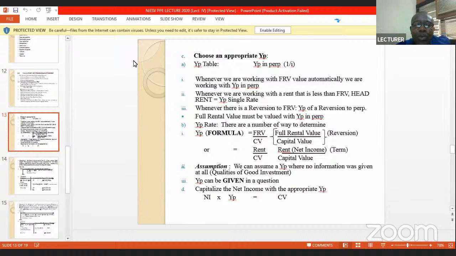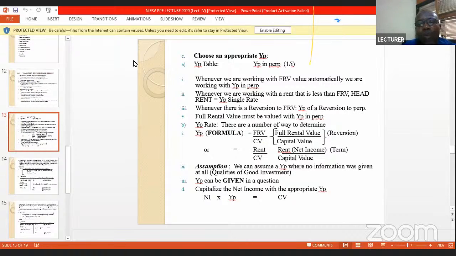If you don't want to use the YP formula, the next one is to assume. That is number 2 on your screen, assumption. You assume a YP. Valuers have said that those who assume YPs are valuers by intuition, meaning that you are being personal.